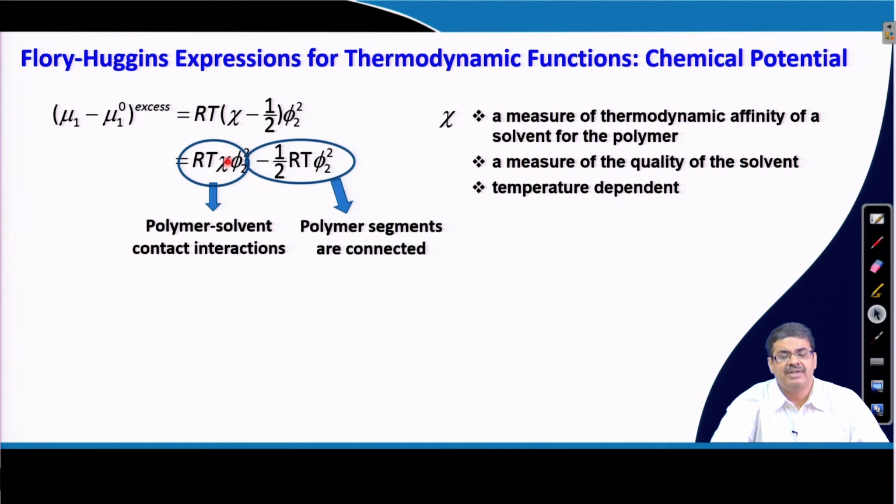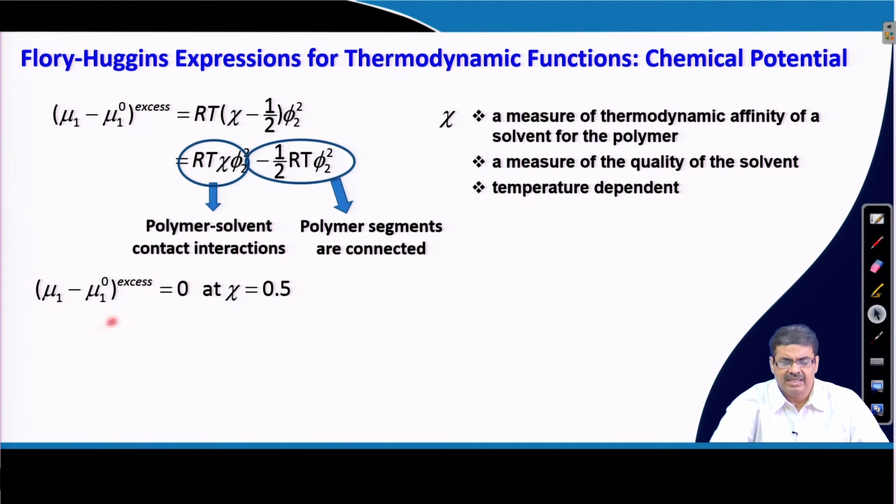Now, this is temperature dependent, hence with a change in temperature this value will also change, so the miscibility of polymer and the solvent will also depend on the temperature at which the solution is being made.